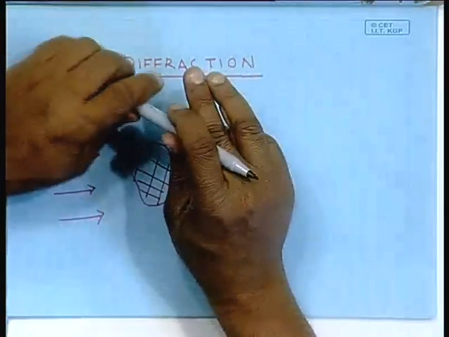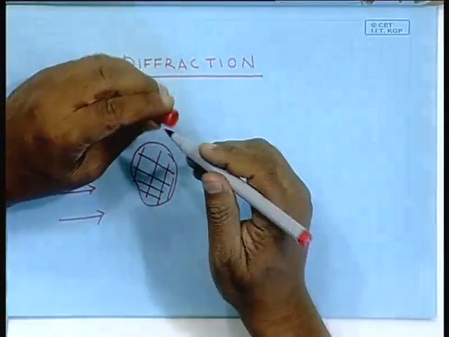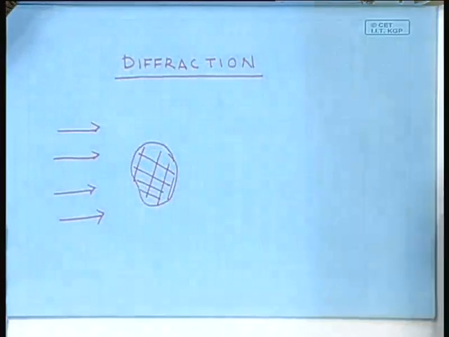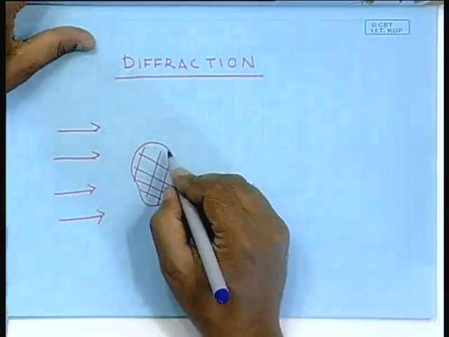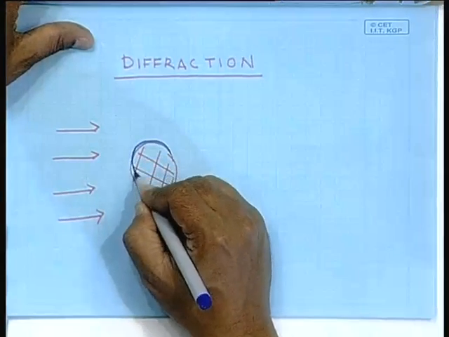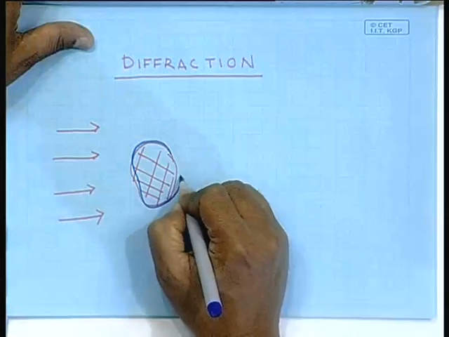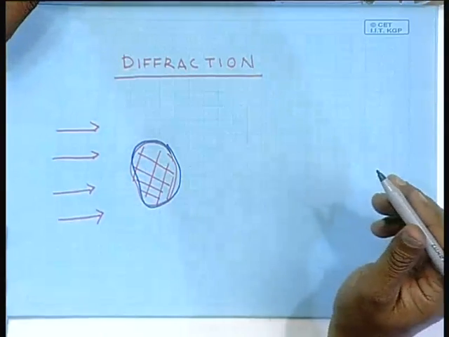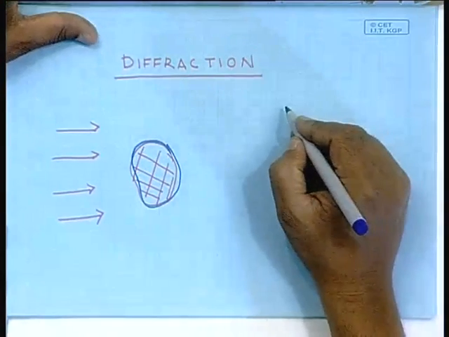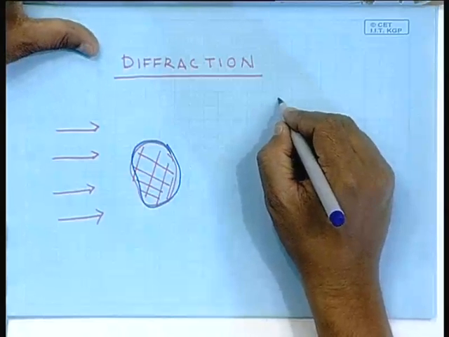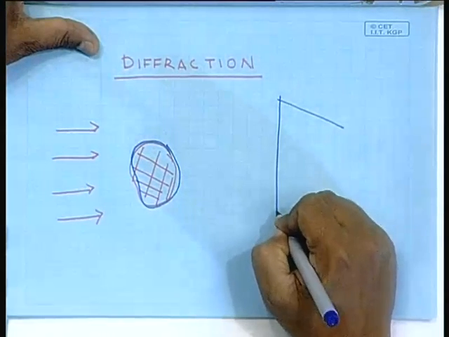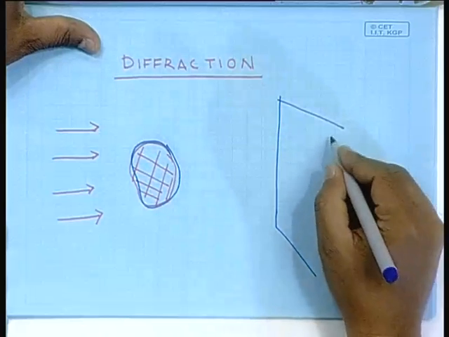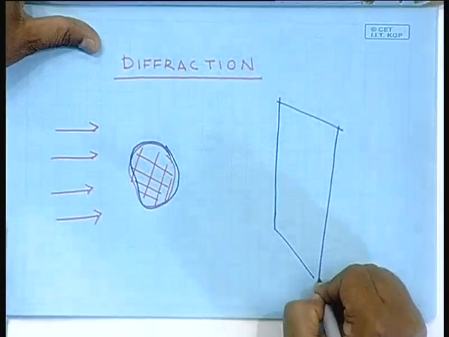So, let me repeat, we are going to start our discussion of diffraction by considering a situation where we have a plane wave incident like this, and there is an obstruction. So, this is the obstruction which is placed in the path of the wave, and we are interested in the resultant image of this on a screen placed far away.